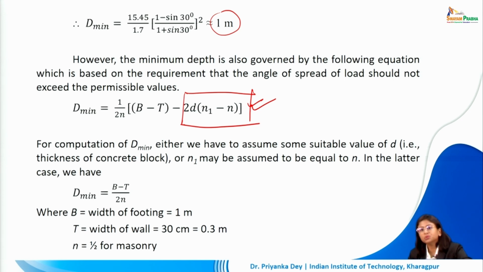Now the width had also come up very close to 1 meter. It was 0.965. We're going to take it as 1 meter. The thickness of the wall has been provided to us at 30 centimeters or 0.3 meters, and for the masonry part we know that n will be equal to half, which we are going to apply in the denominator.